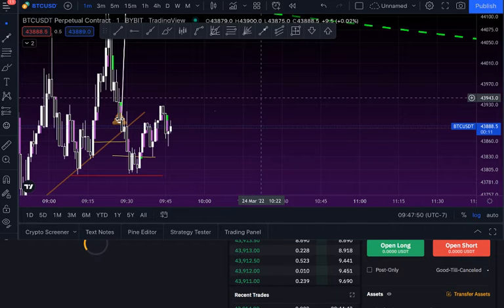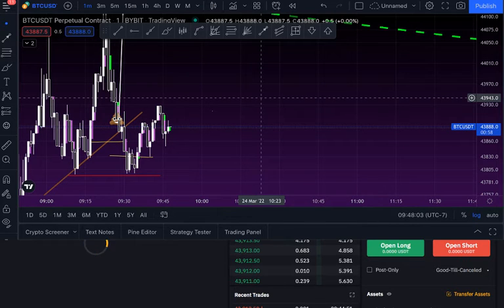I'd like to see some longs step in here at this price level, 43.9ish. Down almost 2%.